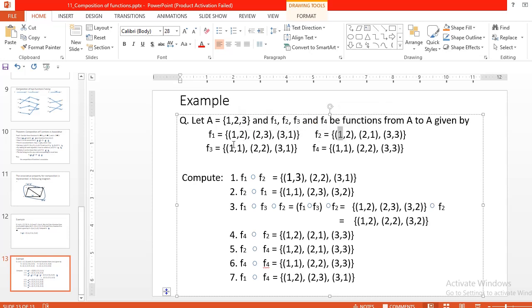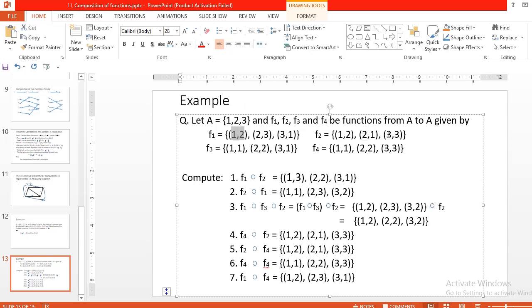So no elements are common. Then take the first pair of F1 and the second pair of F2. Here the range of F1 and domain of F2 are common, so we get the pair 1 1.